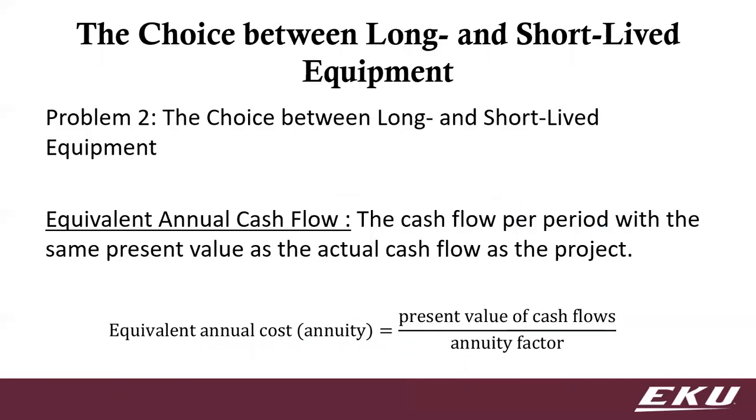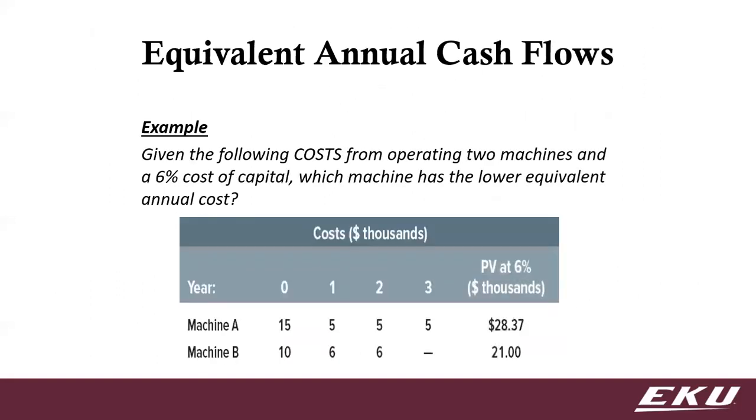Okay. Another thing you can look at is short-lived versus long-lived equipment. Is it better to buy the cheap equipment or the more expensive equipment? The one that's going to wear out faster but costs less, or the longer-lasting one. In this particular case, this is the cost to operate the 2 machines.